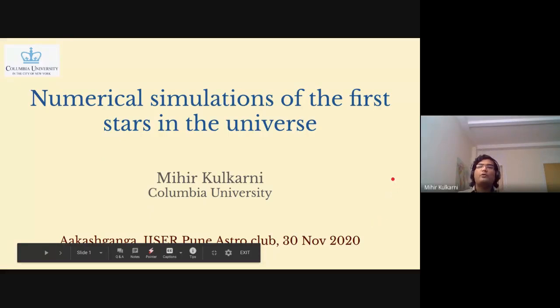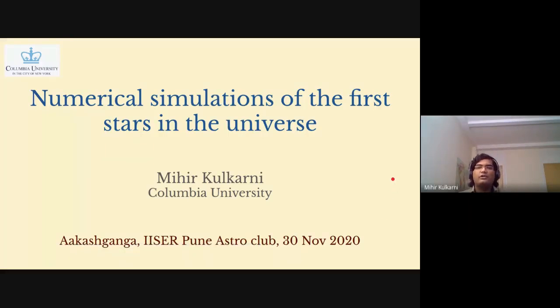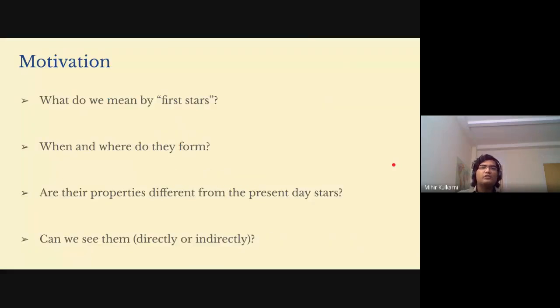So I'm going to talk about my work during my PhD on numerical simulations of the first stars in the universe. So the first question we can ask is, what do we mean by first stars and how can we define them? There are various ways to define first stars, which are often also called population 3 stars or POP3 stars.